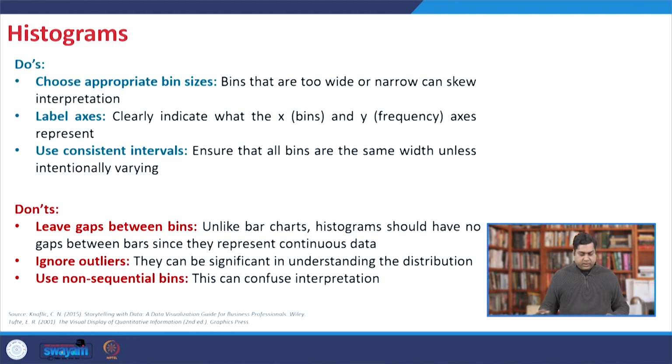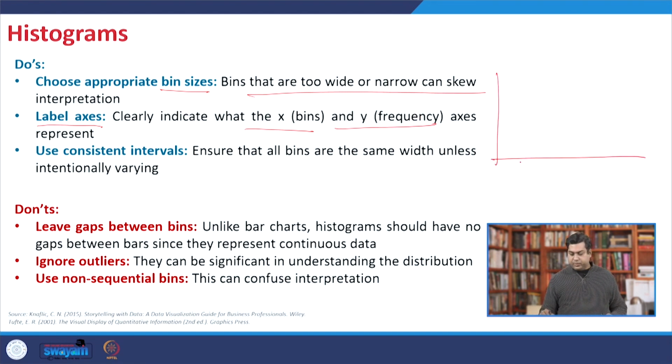For do's and don'ts, choose an appropriate bin size, because it should not be too narrow for distinguishing the difference, or too big. And in this case definitely you should label the axes very properly, so that the frequency and the bins can be easily identifiable.